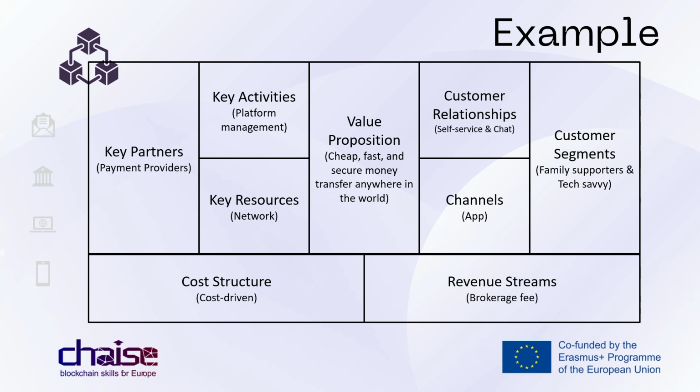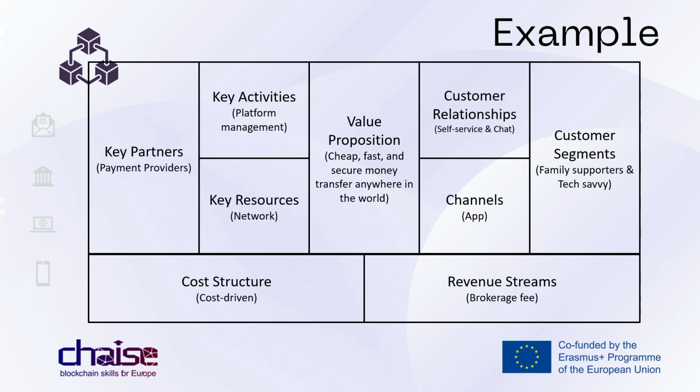For these aspects, there are a couple of key resources. Predominantly, it's a blockchain-based solution, so the network effect, the network, the algorithm, the actual code is the key resource. And this is essentially a platform that enables somebody to transfer funds from one place to another in a cheap, fast, and secure way.